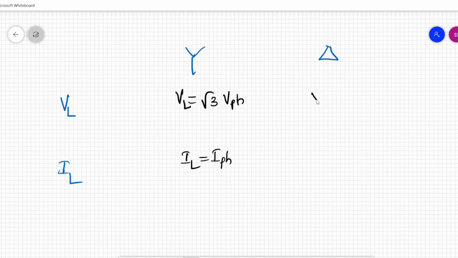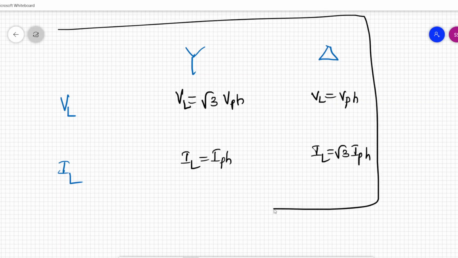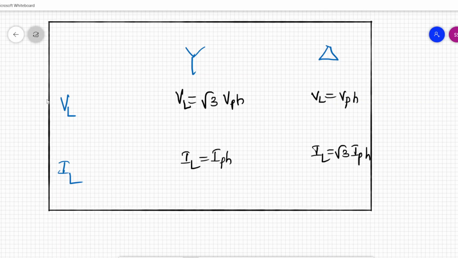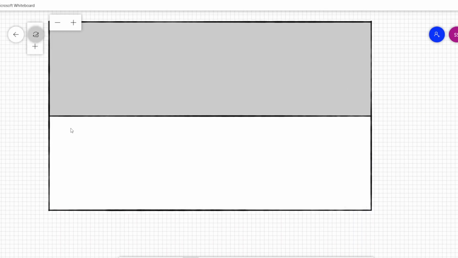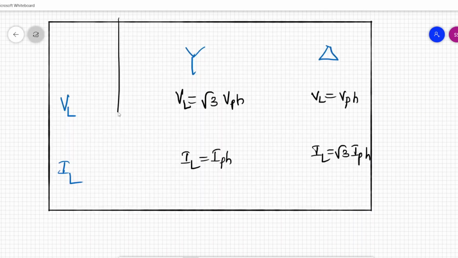In case of delta, VL is equal to V phase, but IL is equal to √3 times I phase. So this is the relation between voltage and current parameters in star and delta connections.